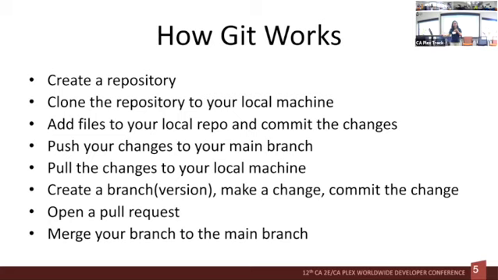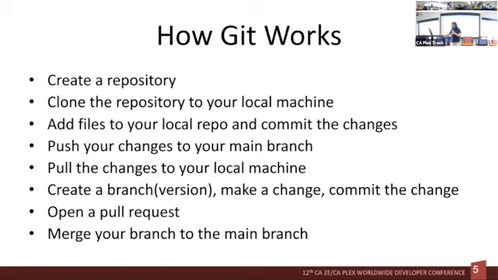Then the remote one will get a copy of the changes. And when you want another developer to get those changes, they have to do a pull to their local machine.